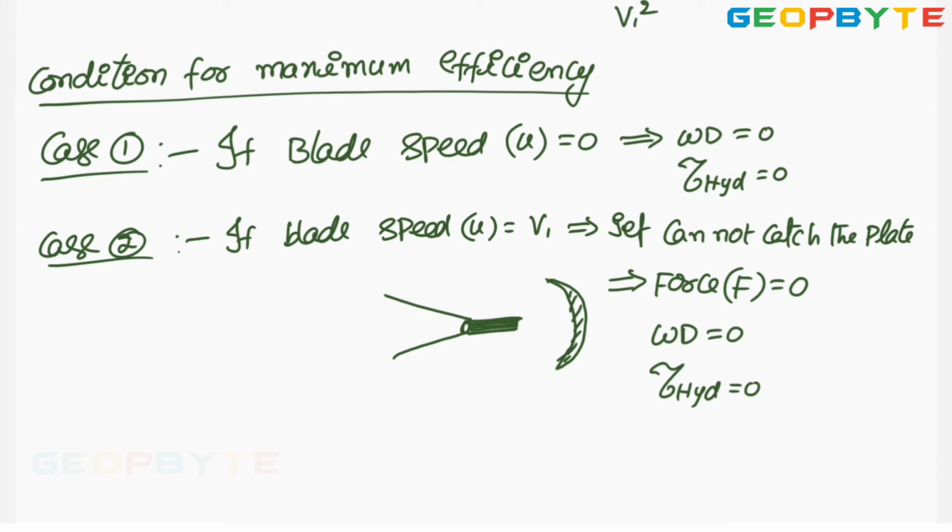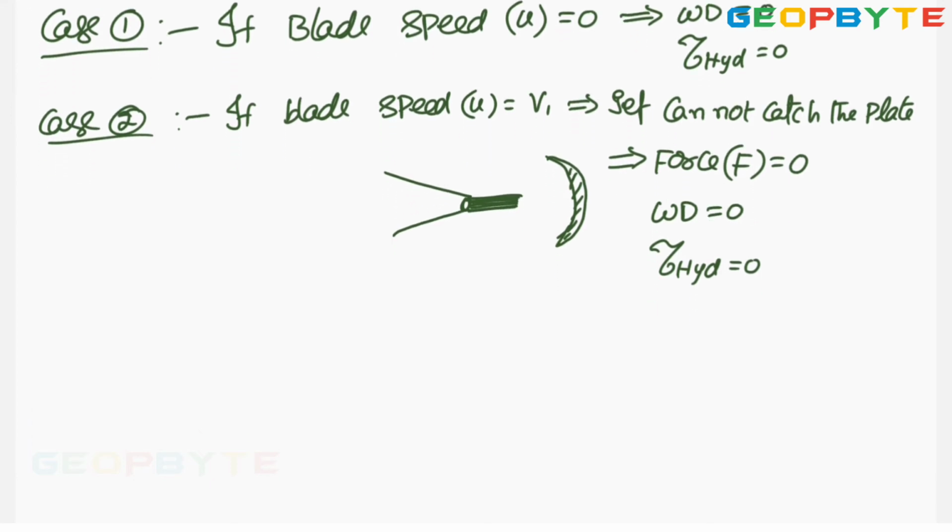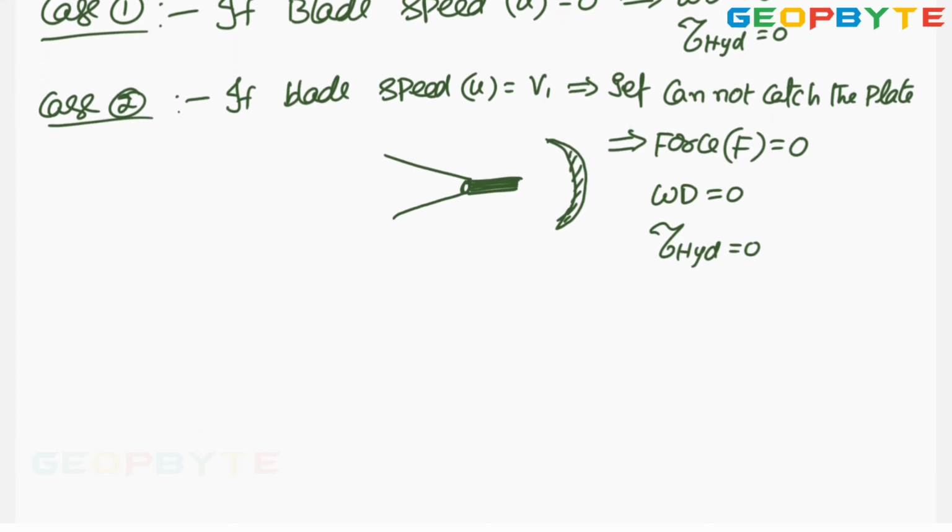That is the reason you have to maintain some optimum speed in the blade. When the blade speed is 0, efficiency is 0. When the blade speed is maximum such that blade speed equal to jet speed, then also efficiency is 0, because work output is 0.